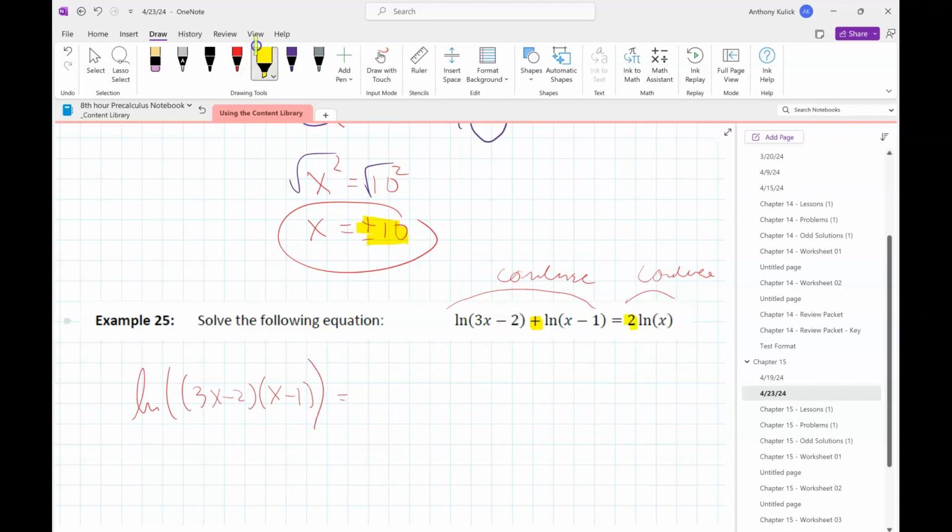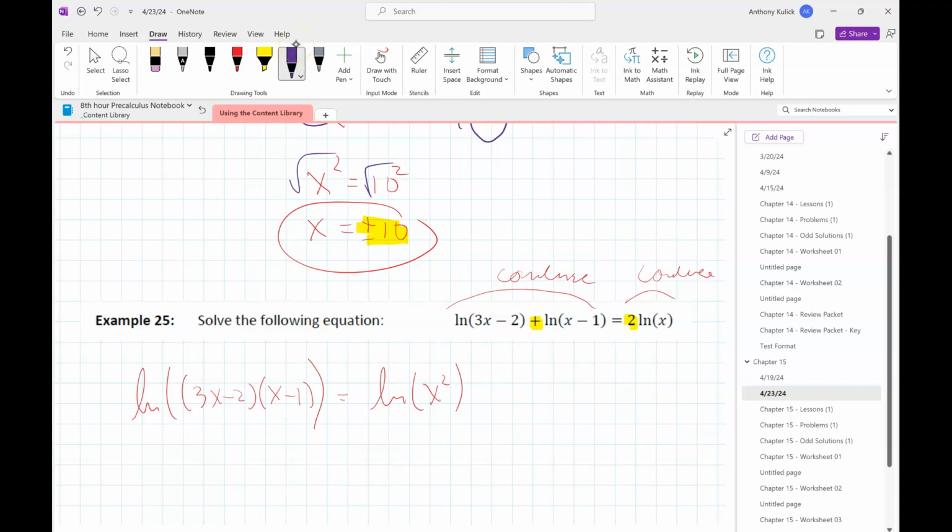On the right-hand side, I see a power property. So I'm going to do that as starters. Everybody good? Now that I have it down to a single log on both sides, I can cancel that single logarithm.